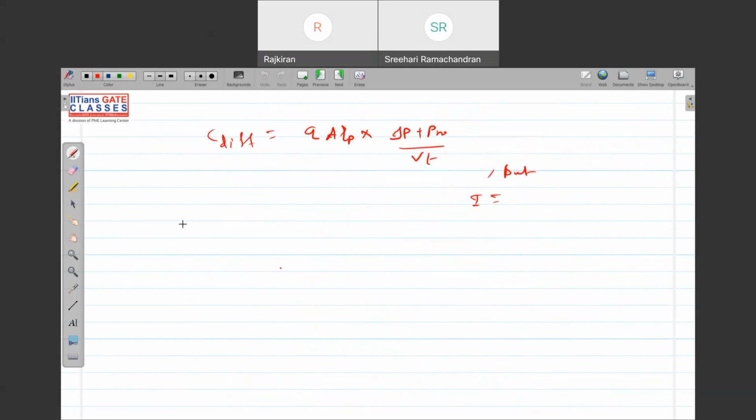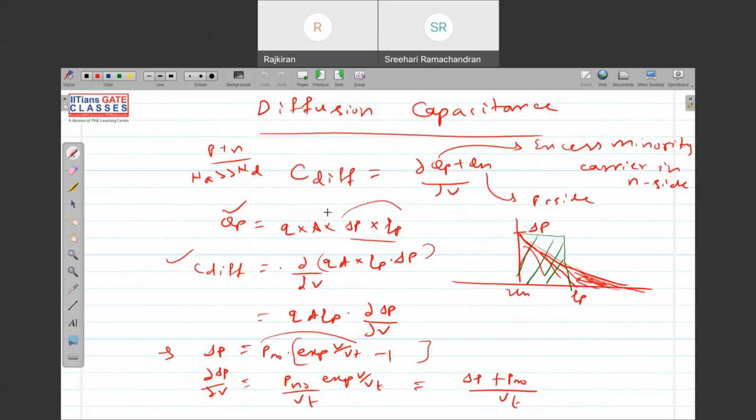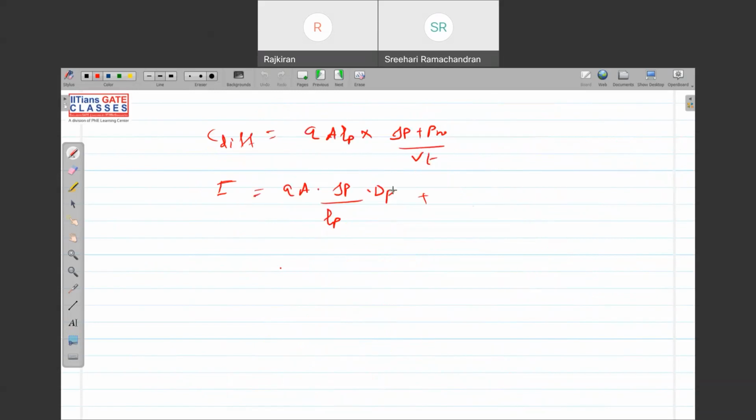My current I is equal to Q A del P into Dp by LP, plus Q A del N into Dn by Ln, but I'm assuming that the second part is very small.